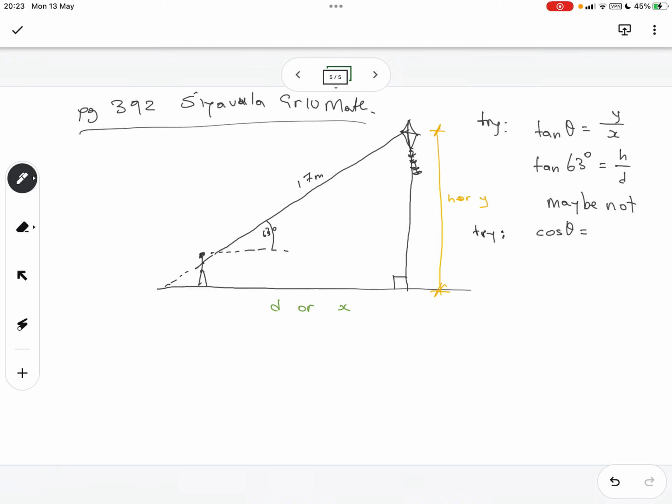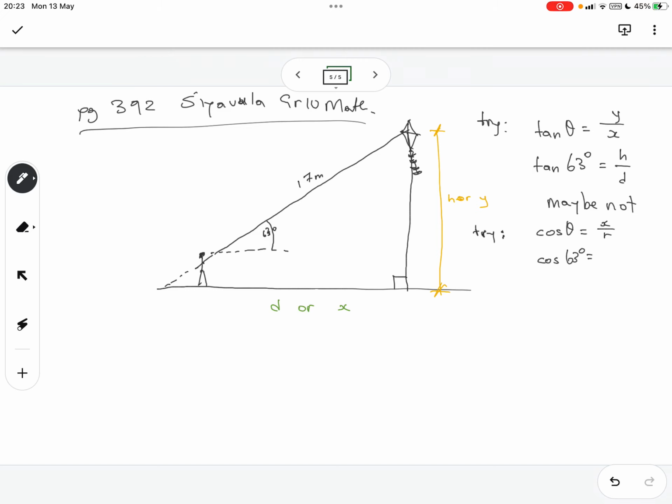So for cos theta, we're going to write its definition. What's the definition of cos theta? It is the adjacent over the hypotenuse. Okay, great. So now we're going to substitute. In the next step, we write cos of the angle that we know, so it's cos of 63 degrees.